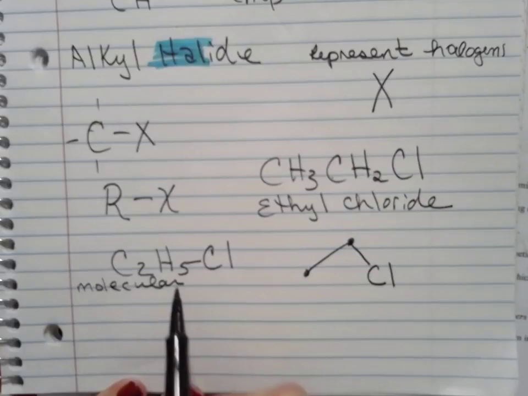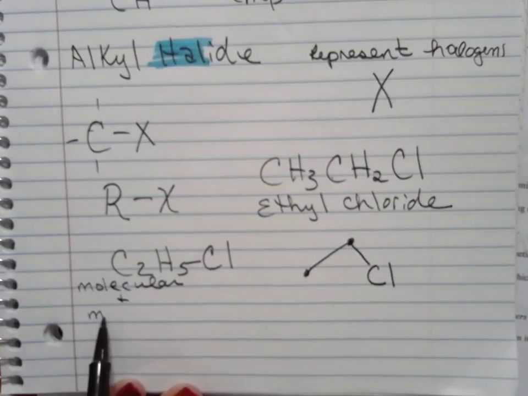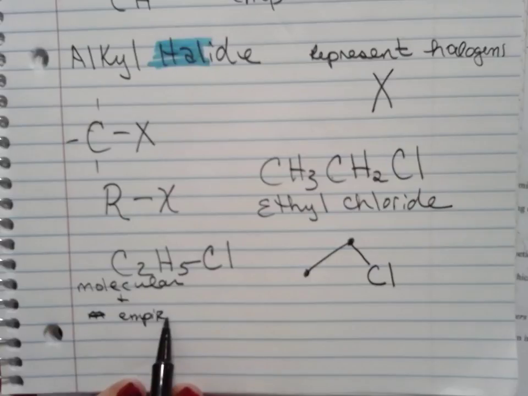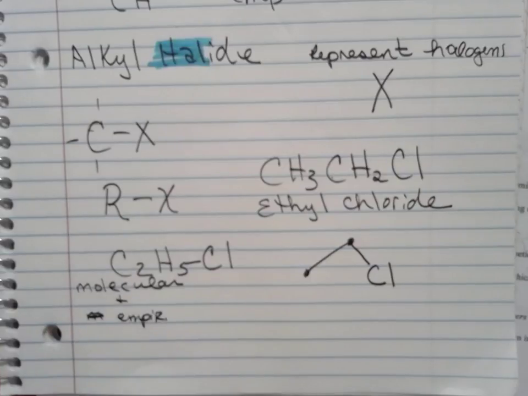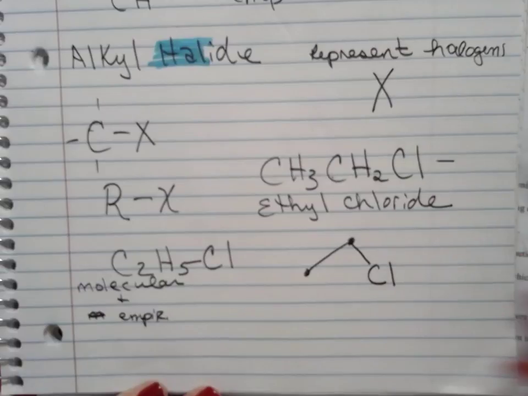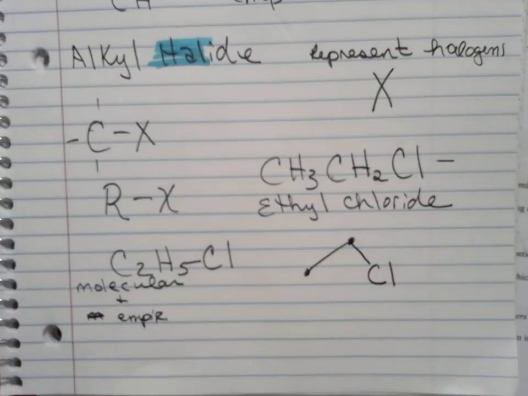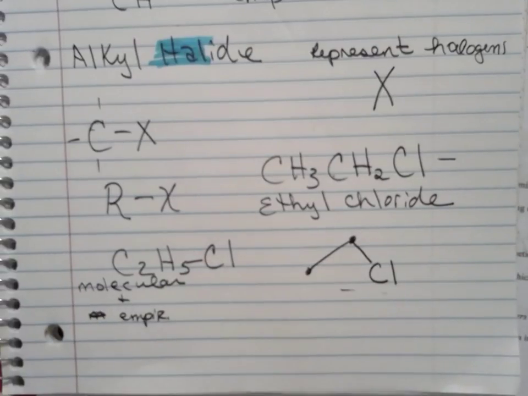Okay, so both of these would be the same. All right, so we've got an expanded kind of formula here. We've got a line structure here. Lots of different representations.